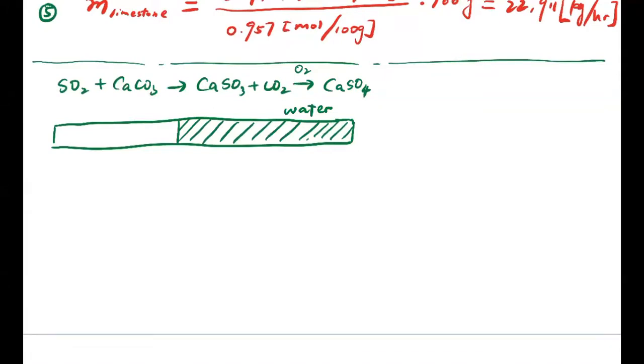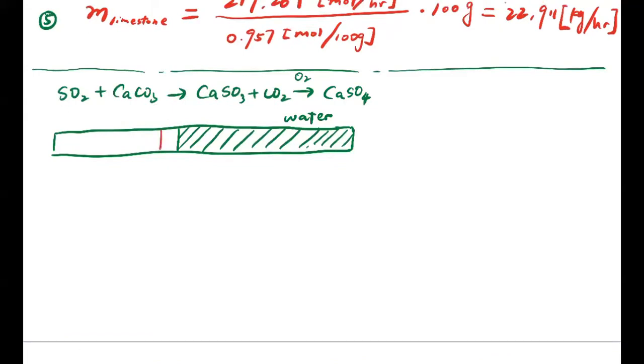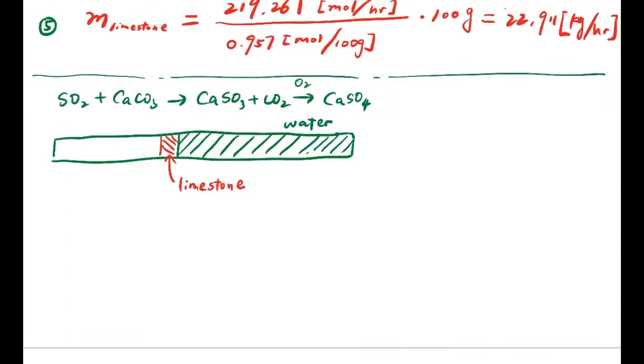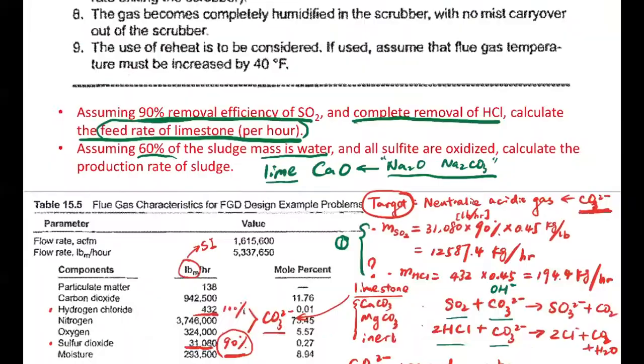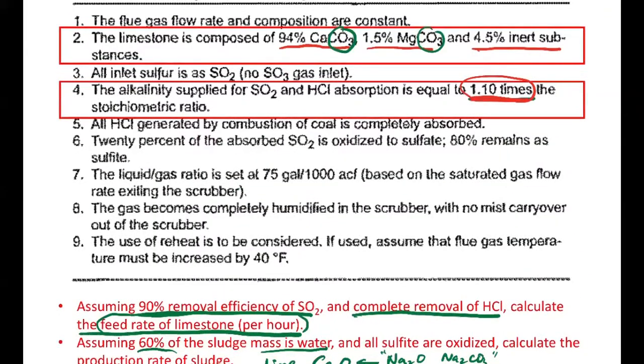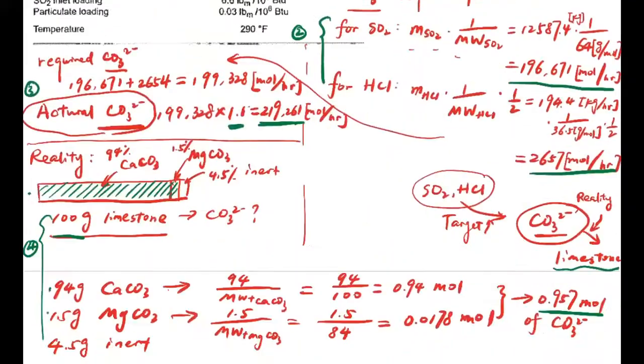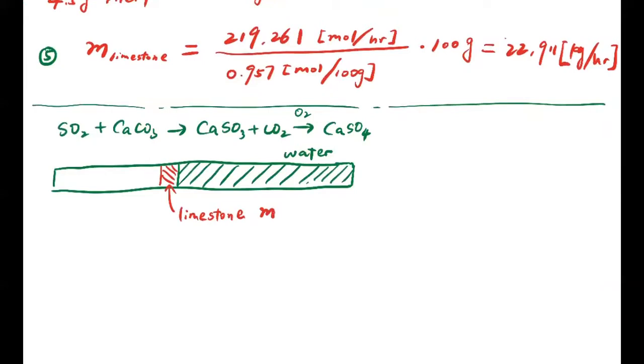And further, if we consider the solid composition, it's made of quite many things. So first, we have a proportion of the limestone that is not being reacted. Remember, in this problem, we assume that we provide 1.1 times the amount required by the stoichiometric ratio, right? So that 10% extra is not being reacted. We can say that this amount is unreacted, okay?